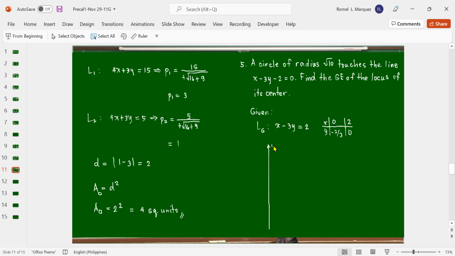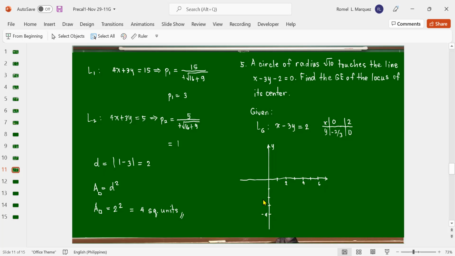So this is our Cartesian plane. So 1, 2, 3, 4, 5, 6, positive 2, positive 4, negative 1, negative 2, negative 3, negative 4.